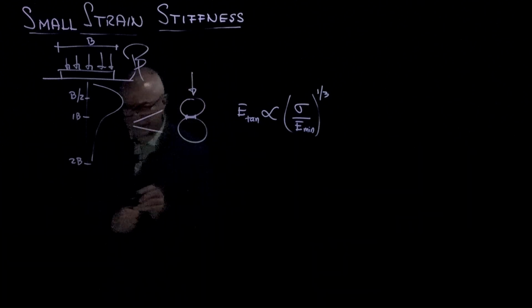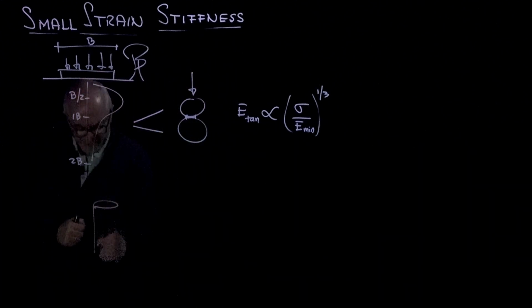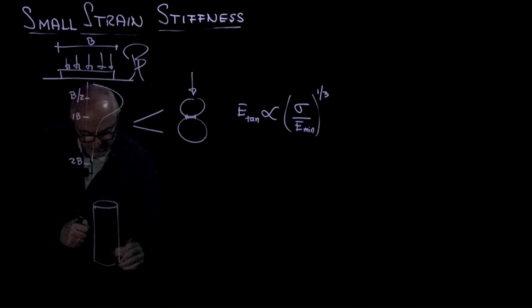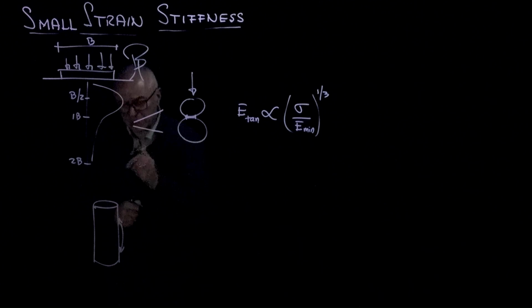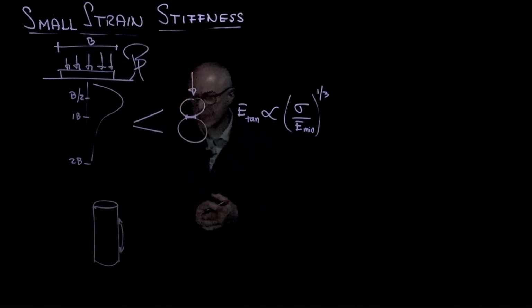The other alternative that we have is we can take a specimen and we measure deformations locally. For example, with a local displacement transducer or with locally installed deformation gauges.